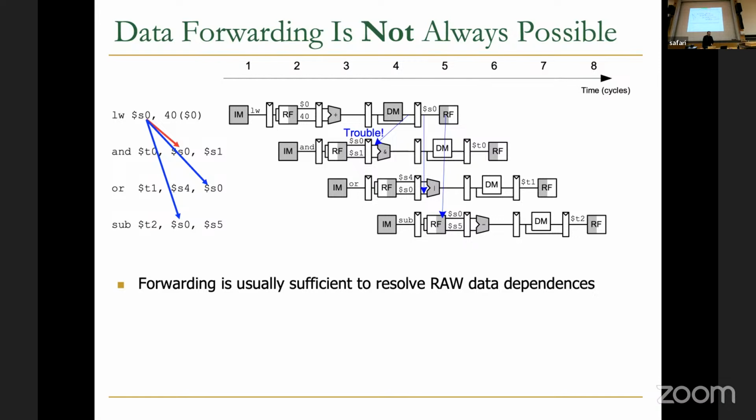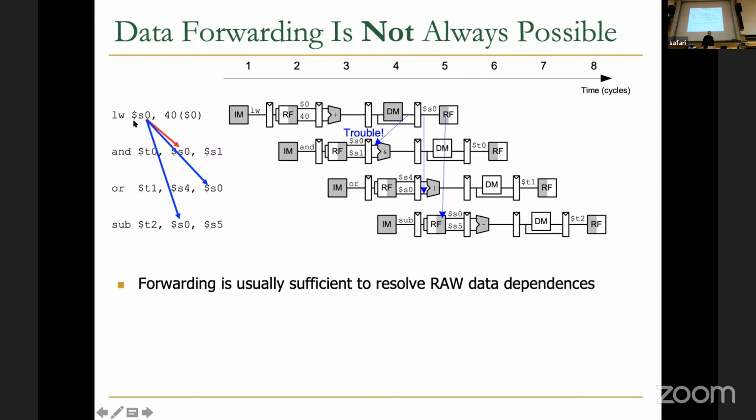So let's see. You have this load word instruction. This code is essentially the same as the previous one, but instead of an R-type instruction, you have a load word. So the output is only available after the memory stage.